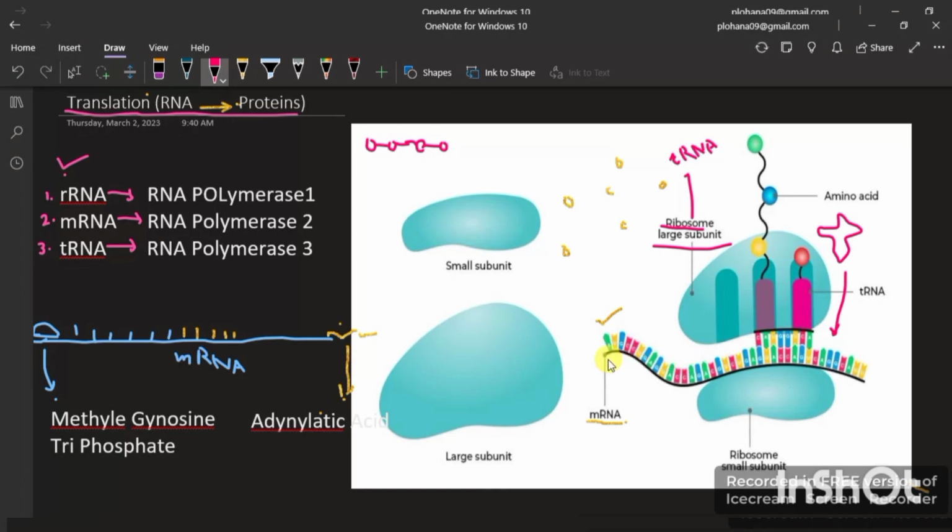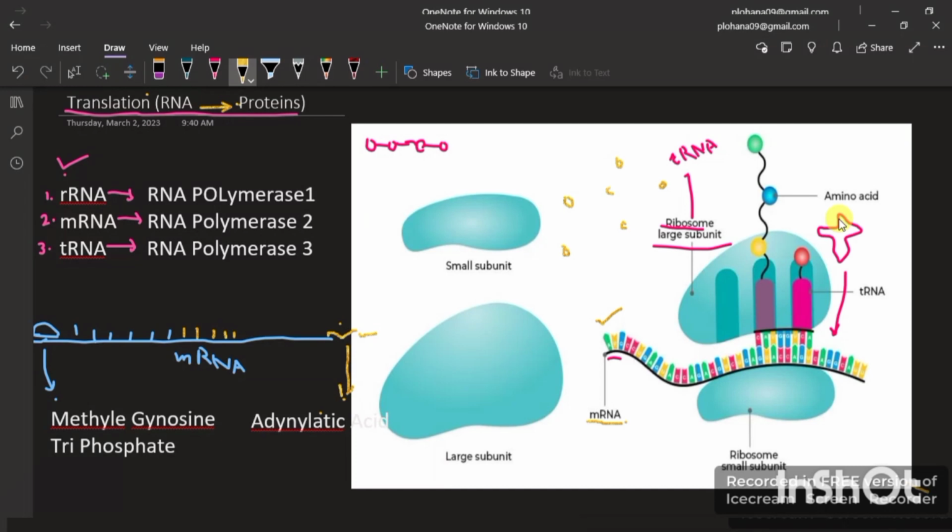It will read the first three letters first. This is the codon. The transporter RNA will read and interpret this codon, then go to the cytoplasm, where it will take an amino acid.